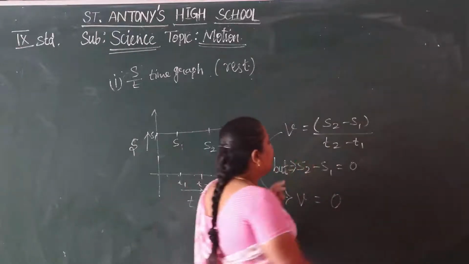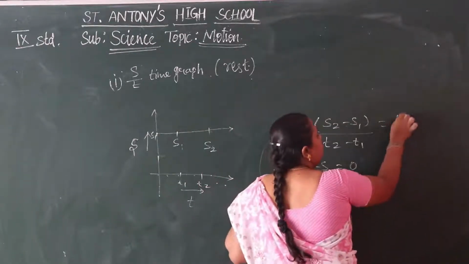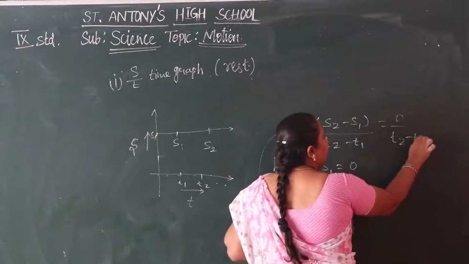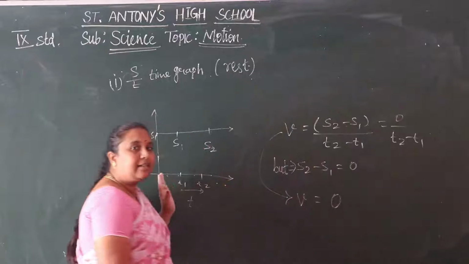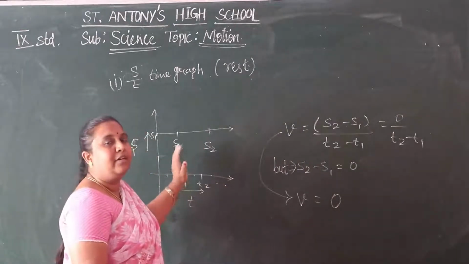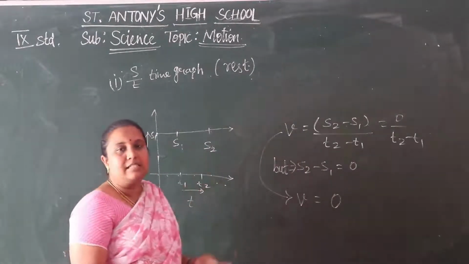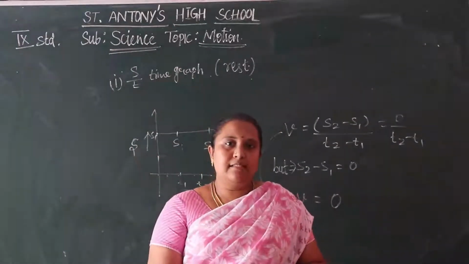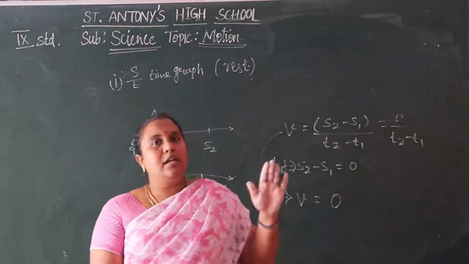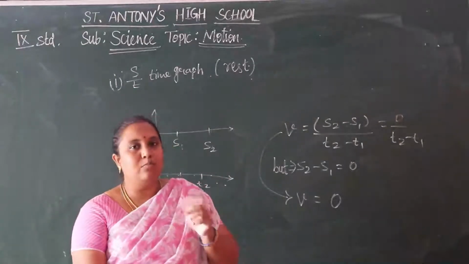Why? Because S2 minus S1 is 0, so 0 by t2 minus t1 gives 0. Therefore the body is at rest in the s-t graph, that is, velocity is 0, because the body stays at the same position as time moves on.